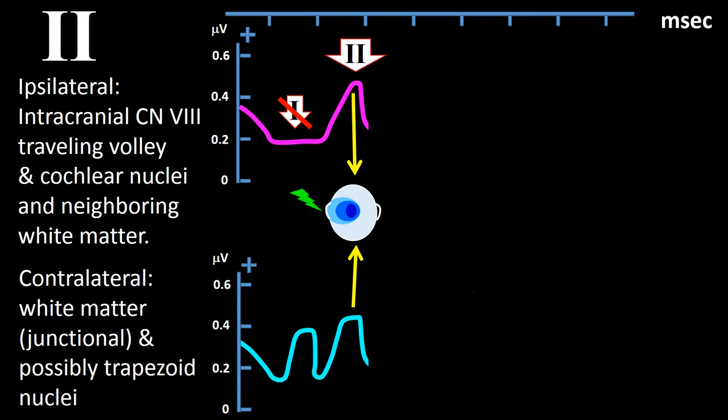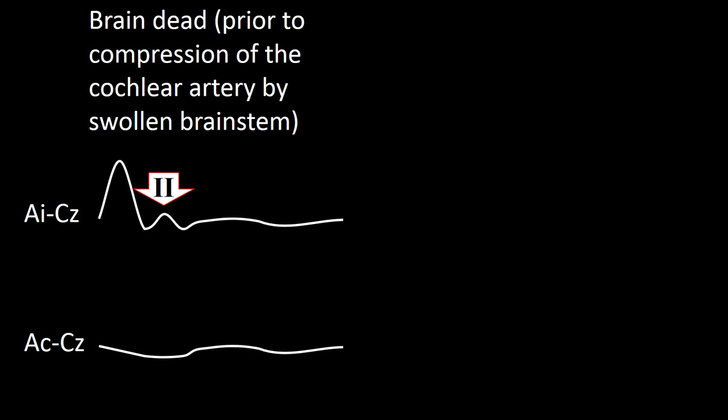It appears that the field that creates this wave ipsilaterally and contralaterally is primarily maximal at CC and leaning to the ipsilateral ear. An interesting fact is that in brain death, prior to compression of the cochlear artery, ipsilateral wave 1 and a reduced component of wave 2 are usually present.